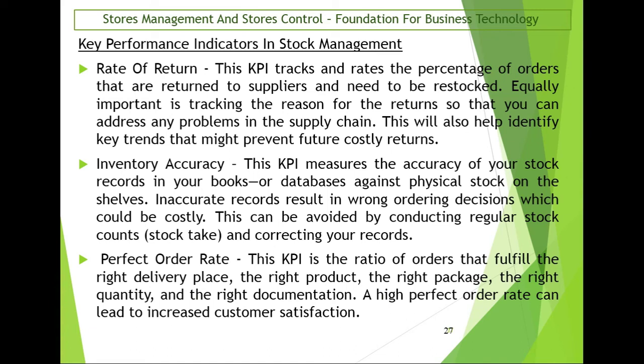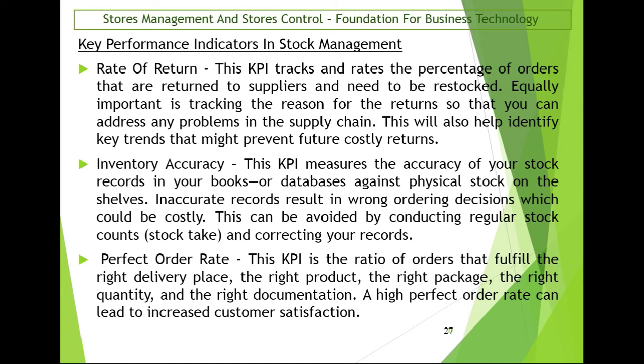So in other words, we are defining a perfect order to say when a client orders something from us, when we deliver that order, how often is it going to the wrong place? How often is it the wrong product? How often is it in the wrong packaging? How often is it in the wrong quantities?